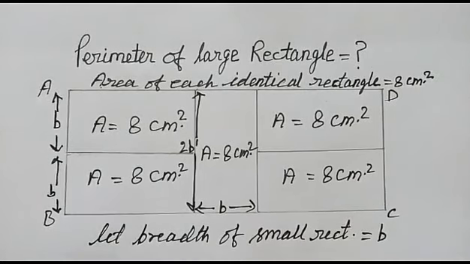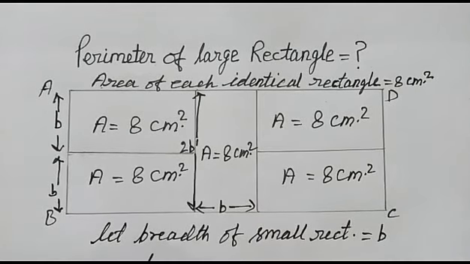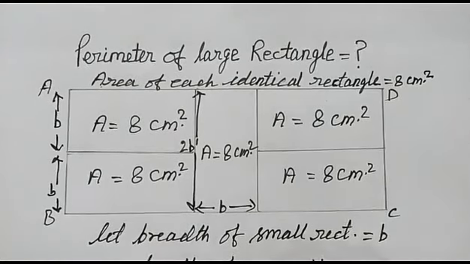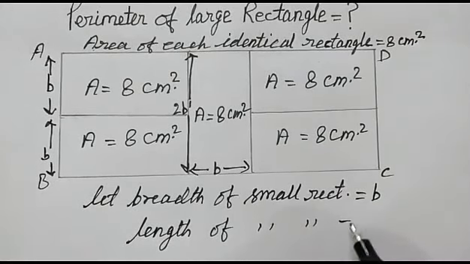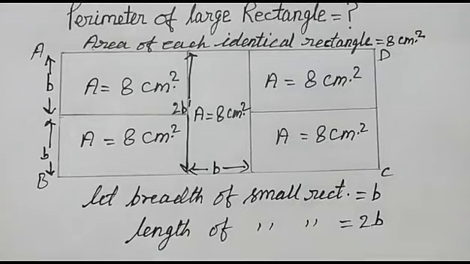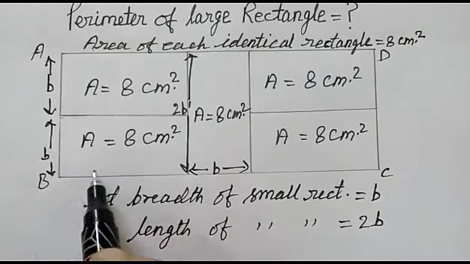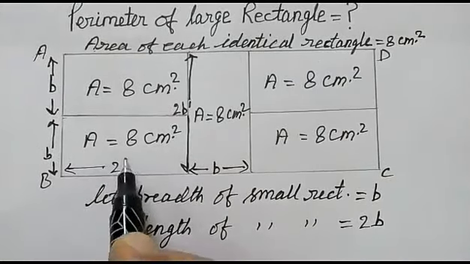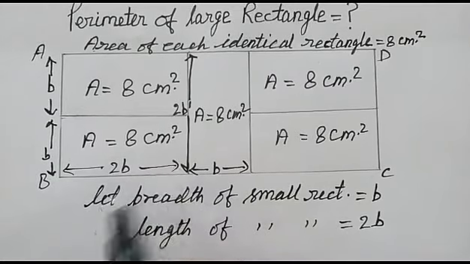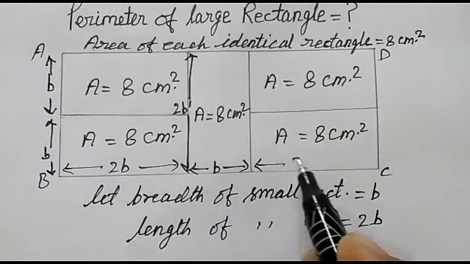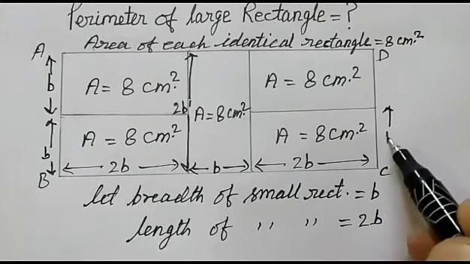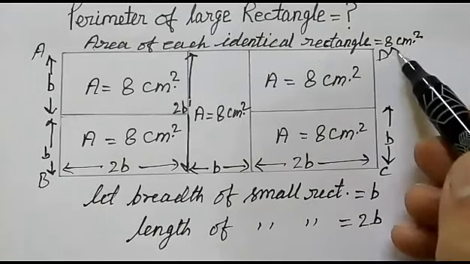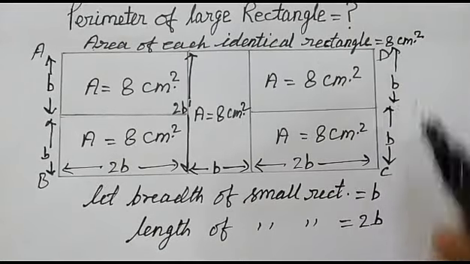Now we can say the length of a small rectangle will be 2B, right? So this will be 2B and this also will be 2B as we have assumed, and this will be B, right?